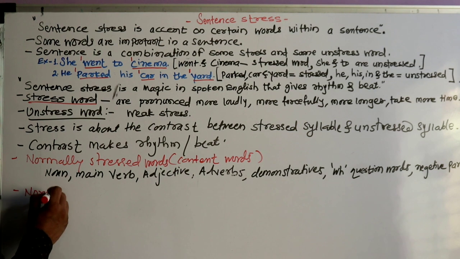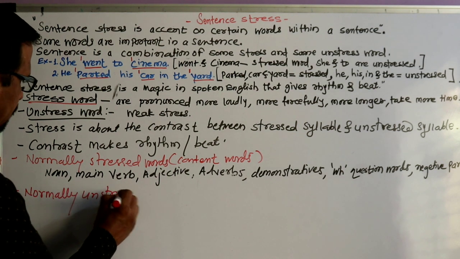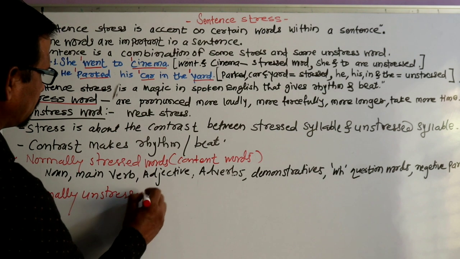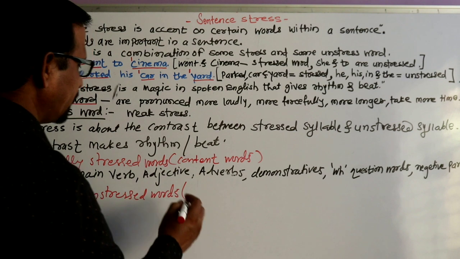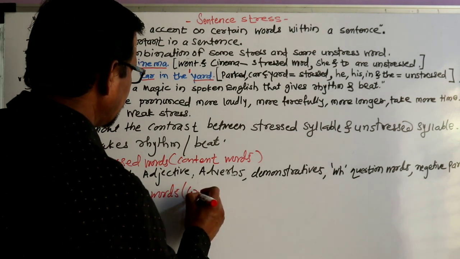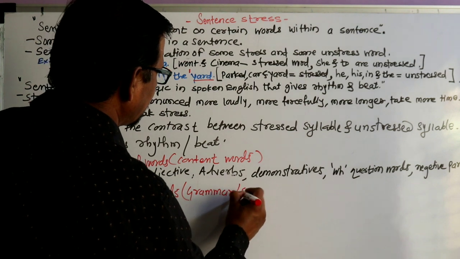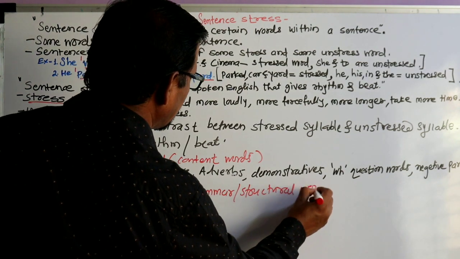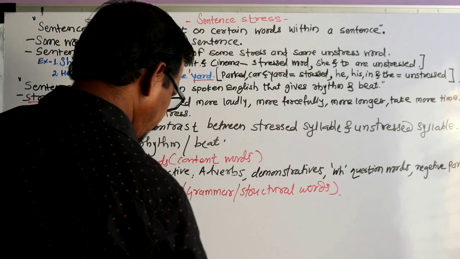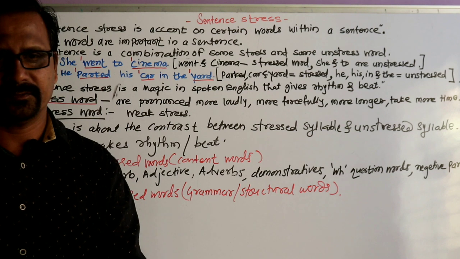Normally untraced words are called grammar or structural words. So which are those?